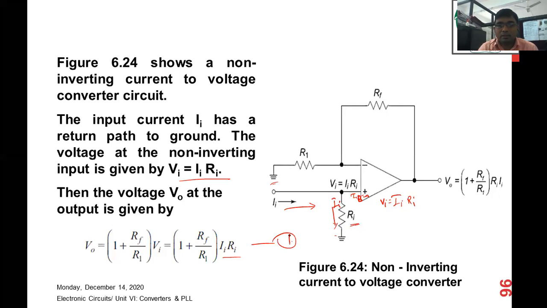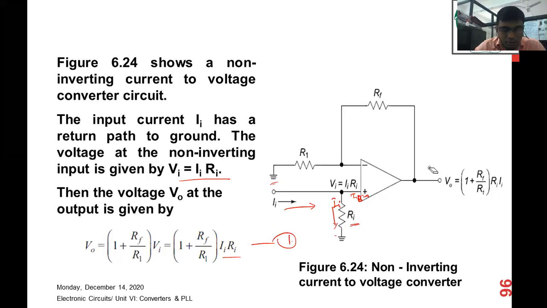In the first case, the voltage to current converter with the floating load and the grounded load, and the second one, the current to voltage converter with the inverting configuration and the non-inverting configuration. And remember that to produce the input current, you can use transducers.